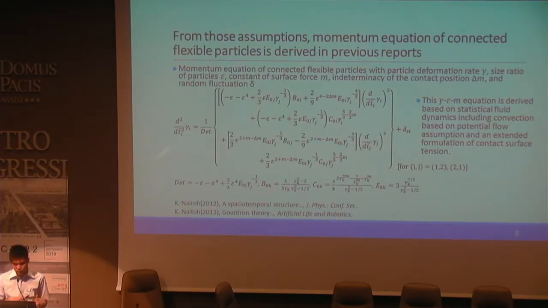This gamma epsilon m equation is derived based on statistical fluid dynamics, including convection based on potential flow assumption and then extended formulation of contact surface for surface tension.